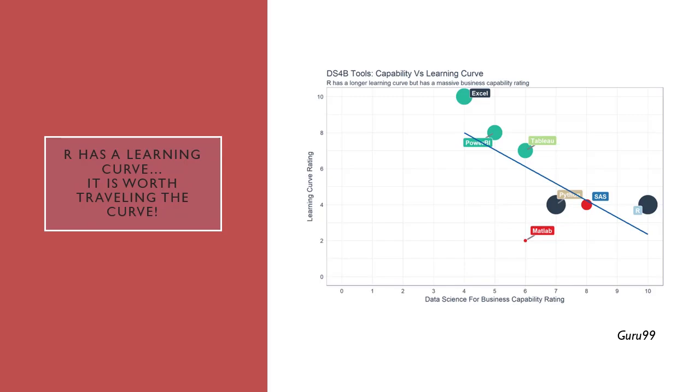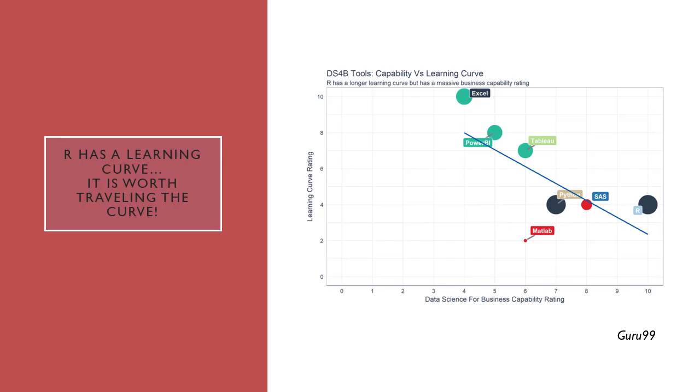The vertical axis represents the learning curve. The higher up you are on that, the easier it is. So Excel is easy. But then on the horizontal axis, the further you go to the right, the bigger its capability rating. And so R sits there the furthest to the right, but it also is fairly low on this graph, meaning that it might take a little bit more time to learn.